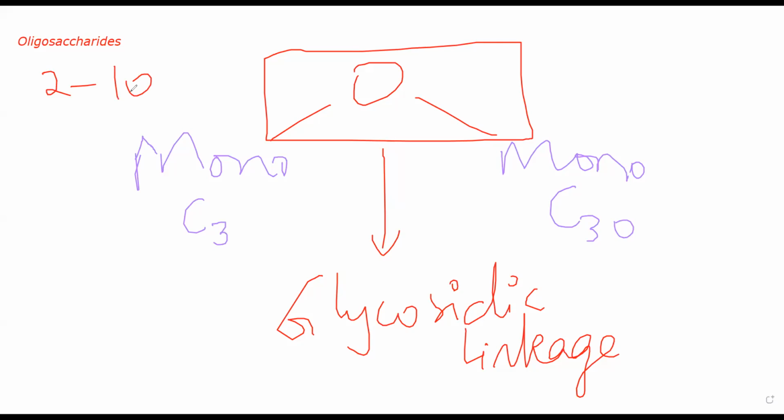Now these glycosidic linkages are formed by dehydrating the molecule. So you are essentially removing water from this and this combined. You remove OH from one and hydrogen from the other, and you make a dehydrated oligosaccharide molecule. If you want to break the glycosidic linkage, you will simply have to hydrolyze it.